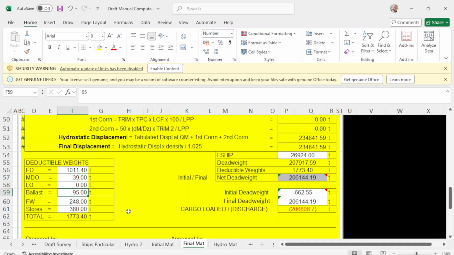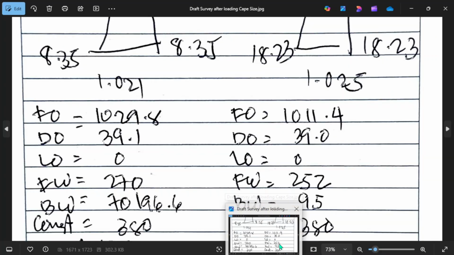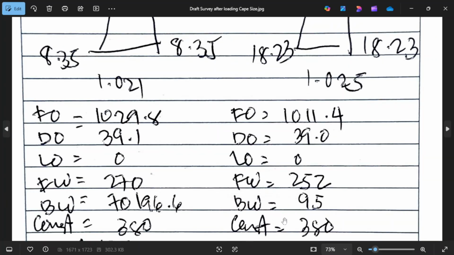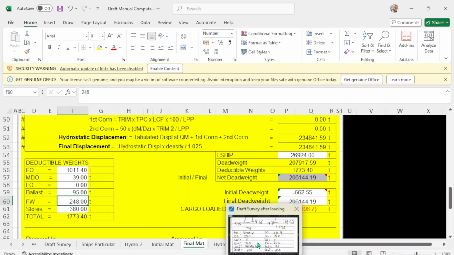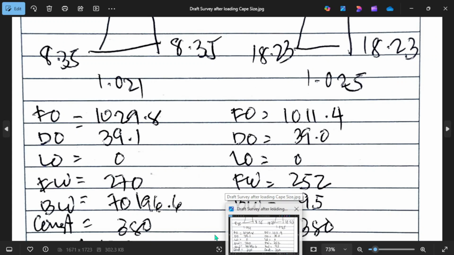And your ballast is, how much is your ballast? Ballast is 95. Okay, here 95. Your freshwater is 252.